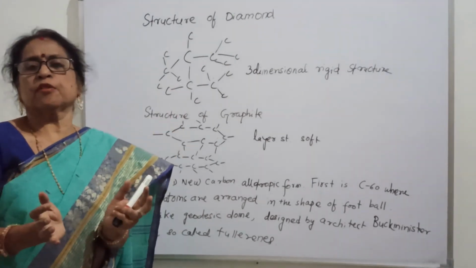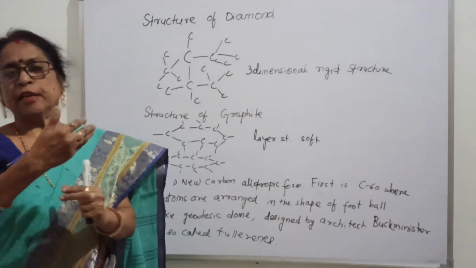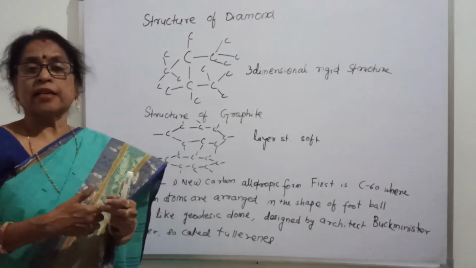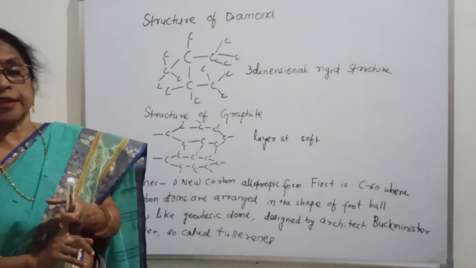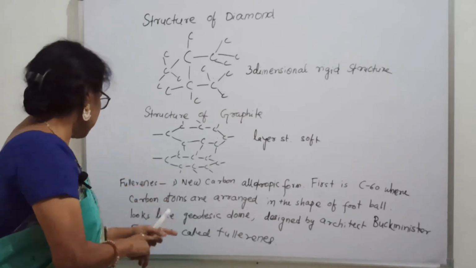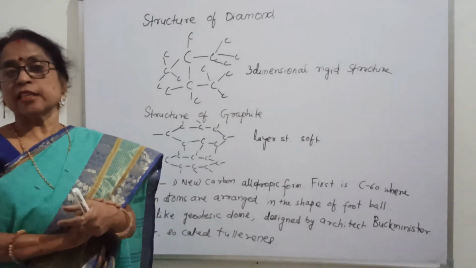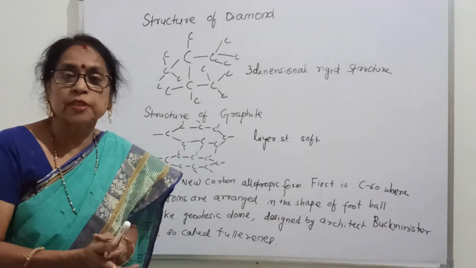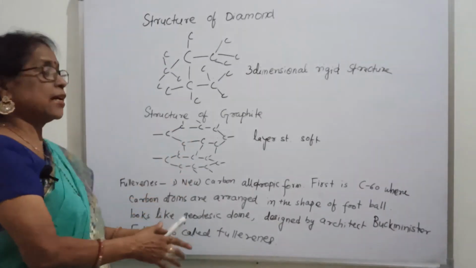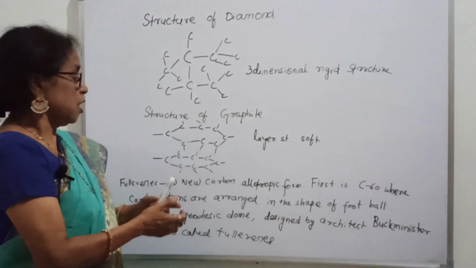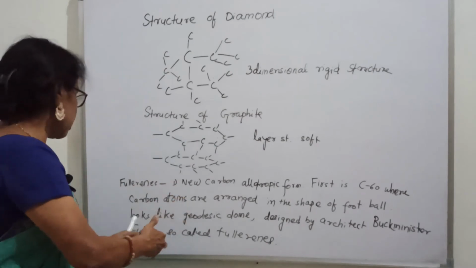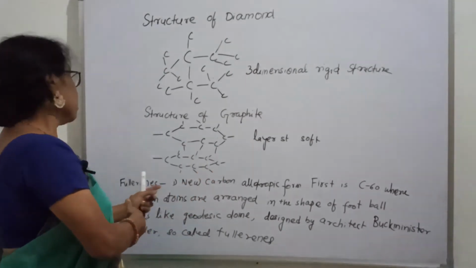Geodesic dome just means it looks like a football, and in the USA that name is used. It was designed by a US architect, Buckminster Fuller. He discovered that it looks like a football-shaped, geodesic dome structure. That is why, according to the name Buckminster Fuller, the name is Fullerenes.